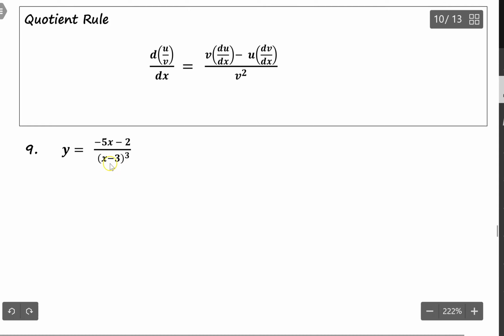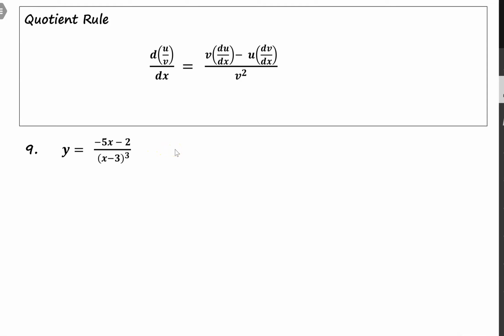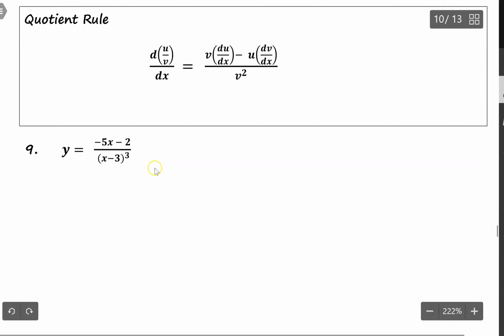If you want to use the product rule, it's fine, as long as you do it correctly, then the algebra is not that bad. But if you just apply the rule that is asked of you, then I think the simplification at the end is not that difficult.